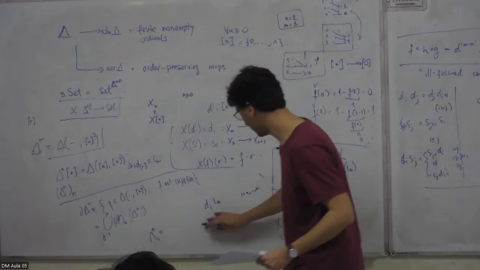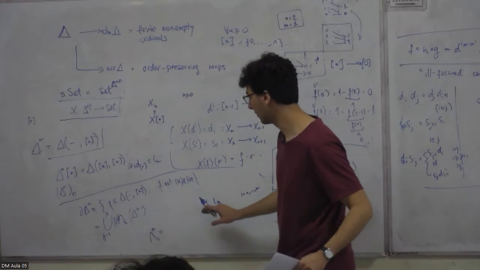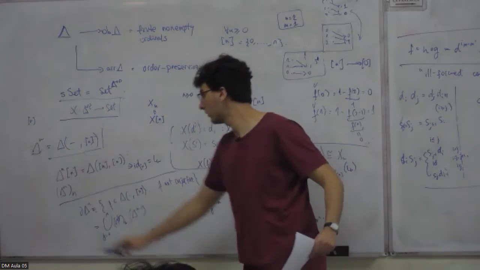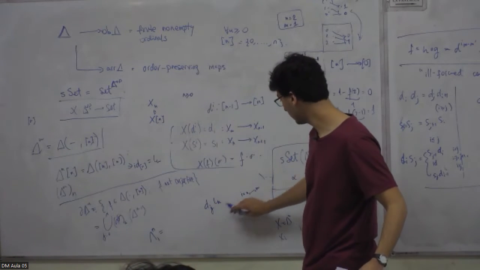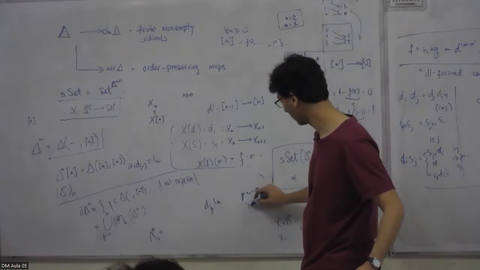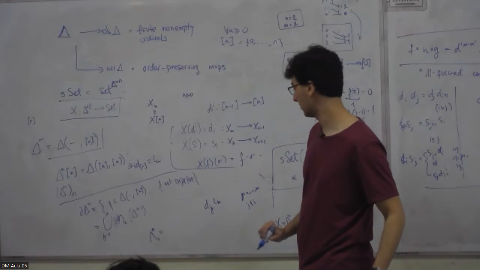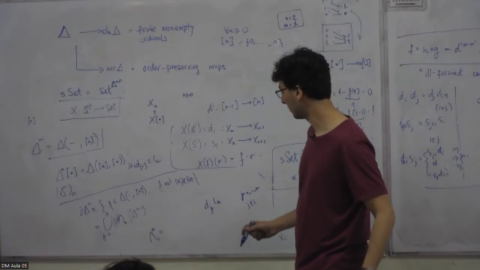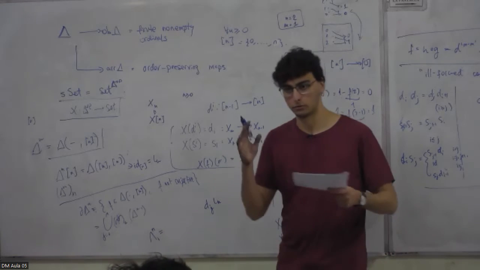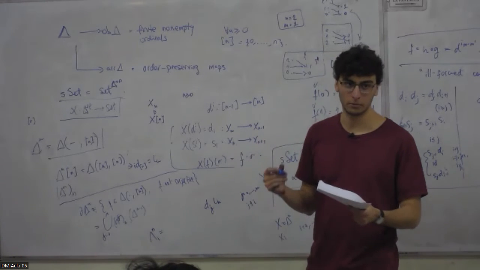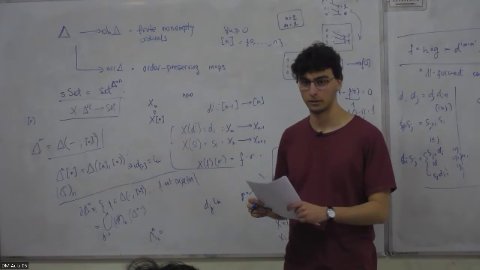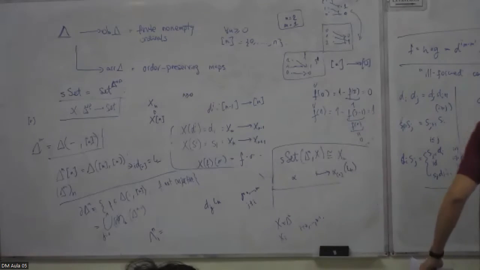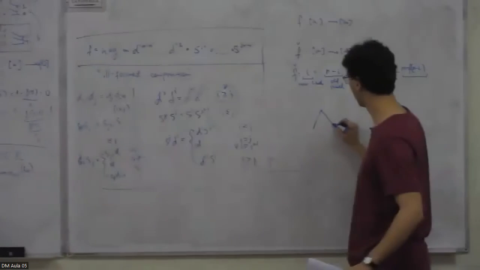So basically, it would be the simplicial subset of the standard n-simplex generated by these, but with j not equal to i. So it is the union of all the faces except the ith one, right? That's the horn.